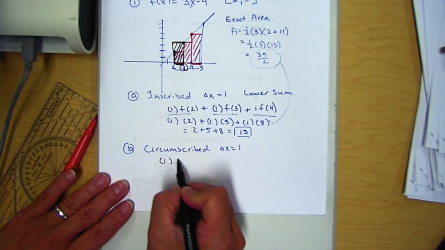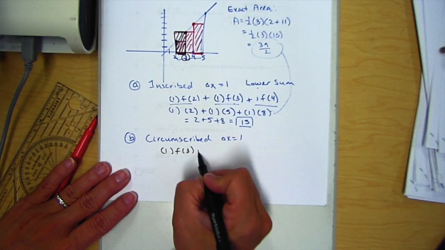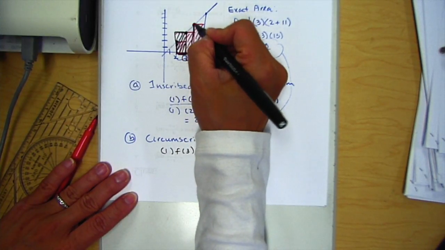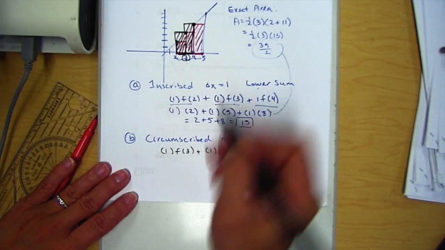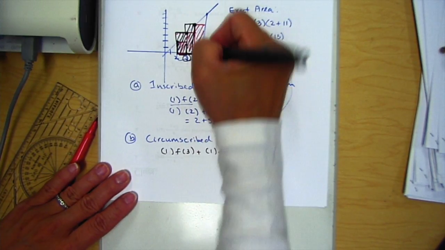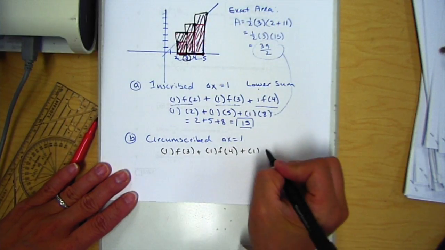Width is 1, height is f of 3. What's my second rectangle? Width is still 1, and I'm going to hit it at 4, so my next height is f of 4. The width of the next one is still 1, and the height is going to hit at 5, so the last height is f of 5.